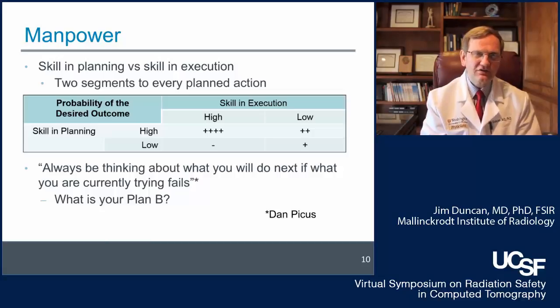So Dan Pikus, one of my mentors, taught me long ago to always be thinking about what you're going to do next if what you're currently trying fails. What's your plan B?